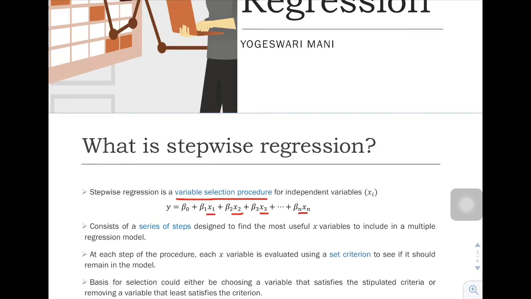To make this more relatable to you, I can let my y be the price of a house. Okay? What could possibly be our x1, x2, x3 and so many other independent variables here? To name a few, it can be the square feet of the house. What is the location of the house?